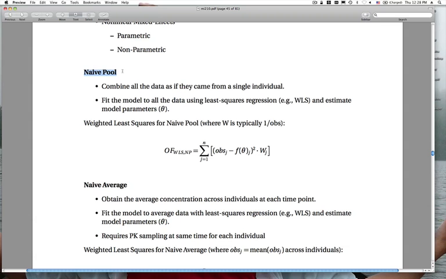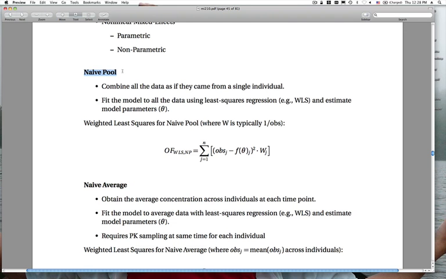Naive pooled. Naive pooled analyses are a very simplistic way to analyze population data. And simply stated, you just combine all of the data, no matter when they were sampled, across individuals or across experimental units.